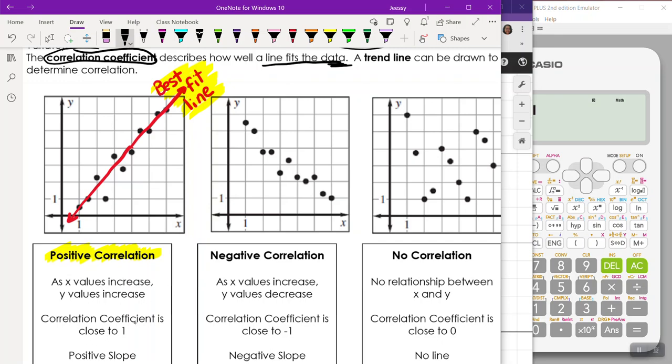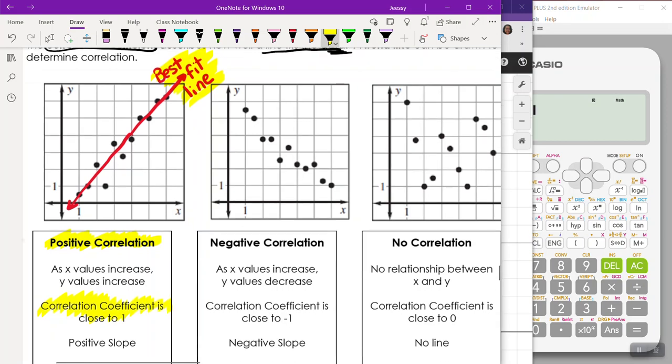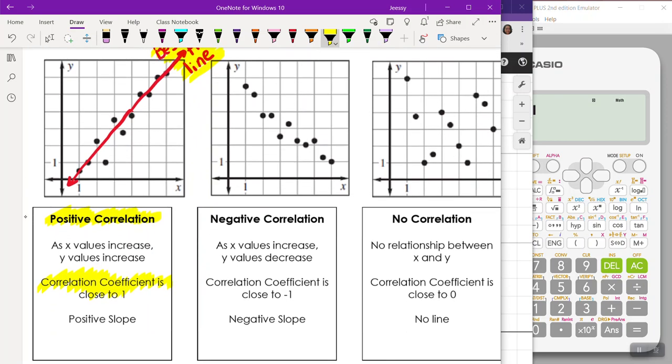Our correlation coefficient would be very close to 1, because the scatter data is not everywhere. It's very close to the line. So we know that our correlation coefficient is going to be close to 1. 1 is a perfect fit. And of course, I already mentioned a positive slope. It's going up, right? It's the rise over run business.